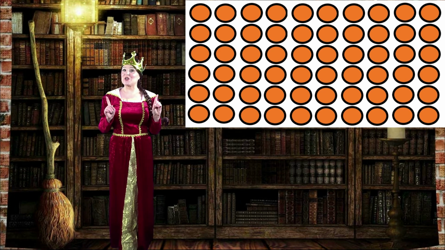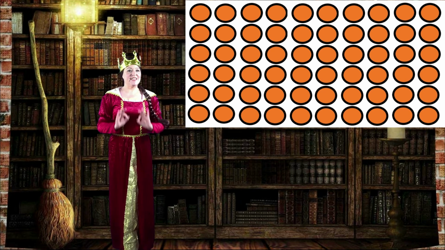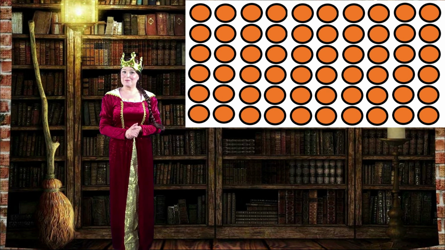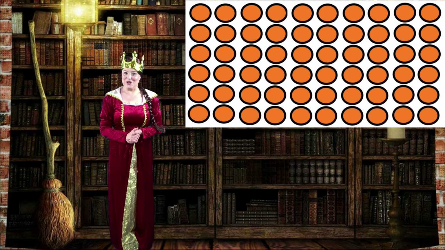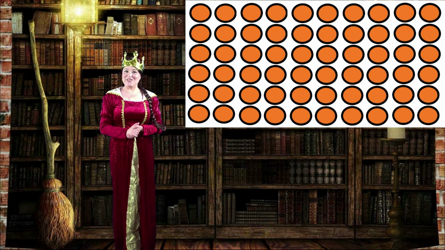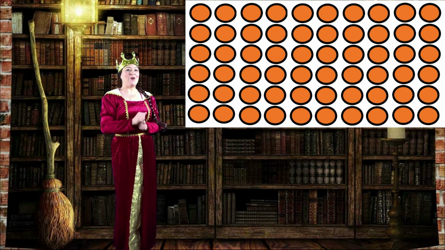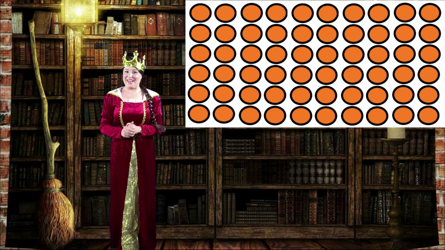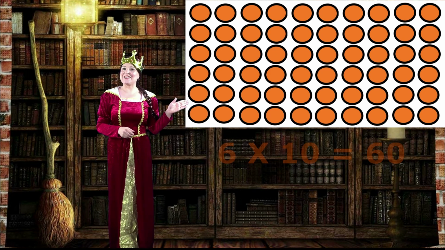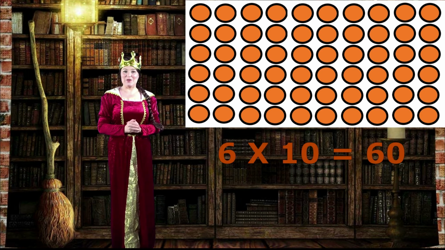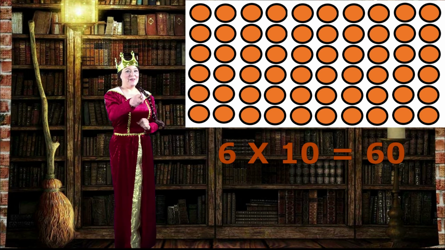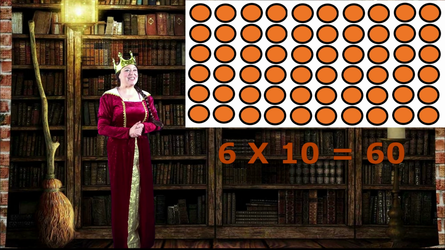Six rows of circles with 10 circles in each row. Good. Very good. Almost all of you have already worked out the multiplication sum. 6 times 10 equals 60. Go ahead and do the division.